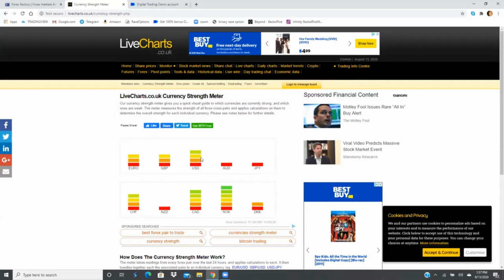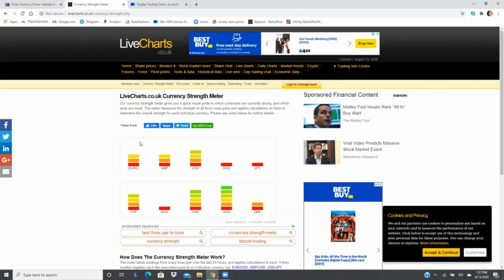The more bars it has and is going up to like the color green, you see how it goes orange, yellow, green, and then right here is the last greenish green, so this is telling me it's really strong. So AUD is weak, and then USD is pretty strong, and Canadian dollar right now is really strong.